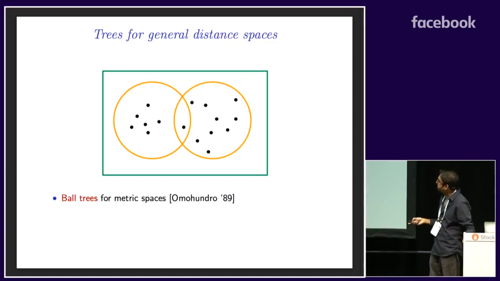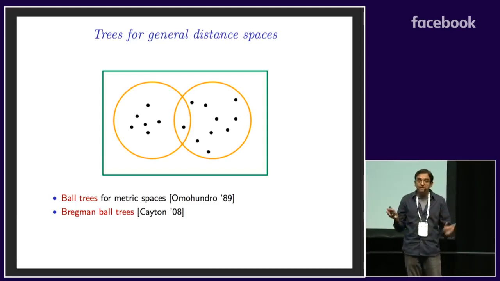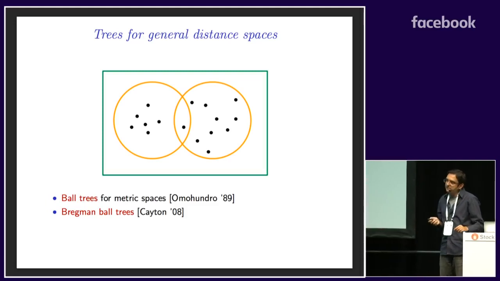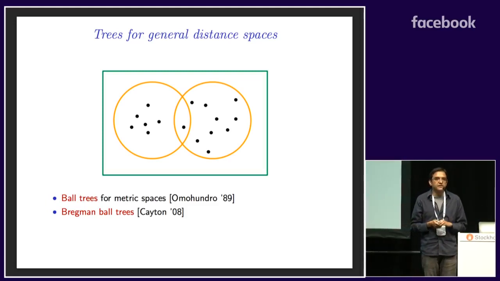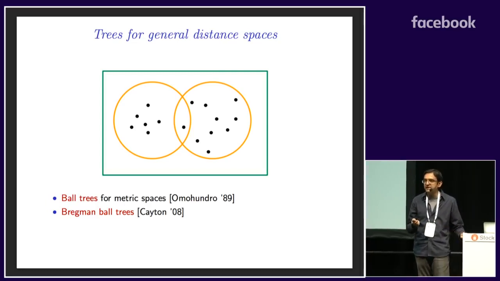Now, one interesting thing here is that these have been extended even to non-metric spaces. One family of distance functions that includes a lot of non-metric distances are the Bregman divergences. These are the distance functions associated with exponential families of distributions.